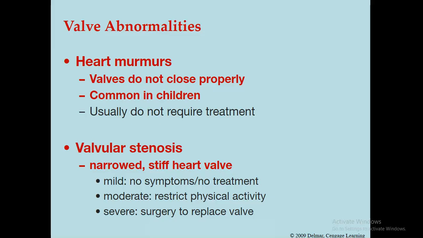If you hear a heart murmur in a child, of course we're going to want to know if this is the first time that they've had one, but they are very common and don't need treatment. Valvular stenosis, you need to know that that is a narrowed, stiff heart valve, especially aortic stenosis, which was what we listened to on the mannequin.